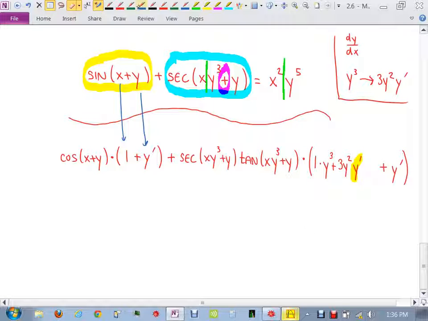Times x. Okay, so that x, we kind of got off track a little here. That x was finishing off the product rule, right? So really, if I'm looking at it, this is kind of like my f prime g plus this big thing here was my g prime, and then here is my x or f, right? That was my little product rule going on right there.